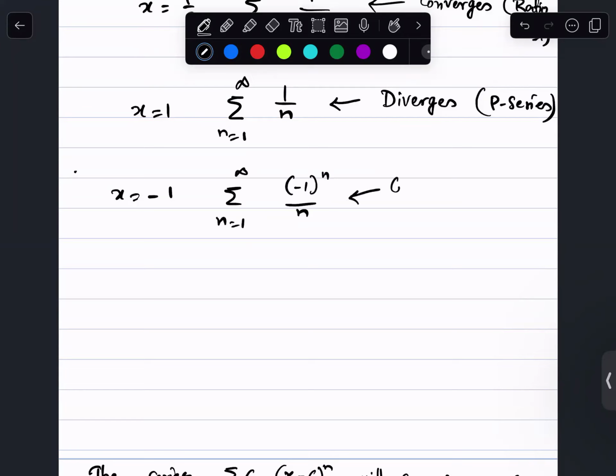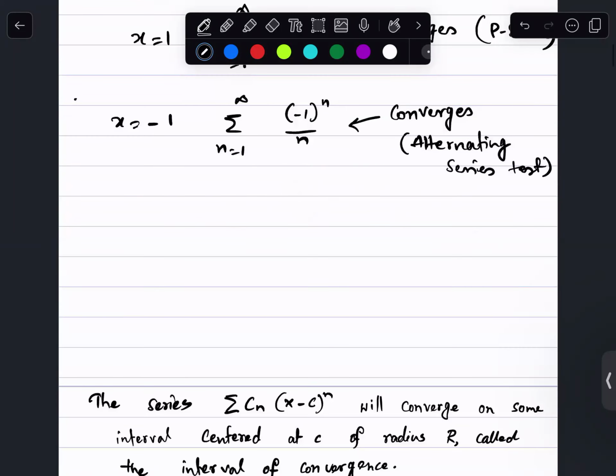This is again converging. You need to do the alternating series test. And when x equal to 0, then I'll get nothing but 0, n equal to 1 to infinity. And this is 0. So again, this is converging.